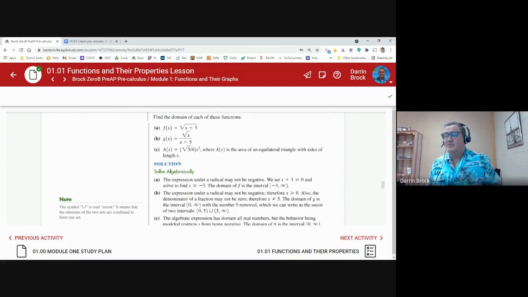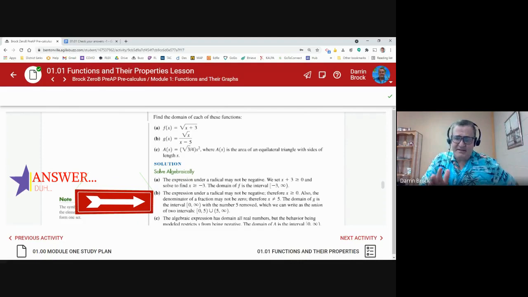Looking at the second one, B, that gets a little trickier on our domain. We have a fraction, and on top of the fraction, we have the square root of x. So we know that the domain of that has to be 0 or larger, right? We can't have any negative numbers, because we can't take the square root of a negative number.